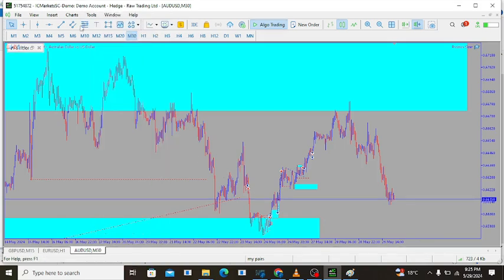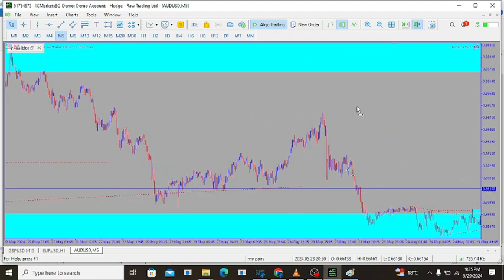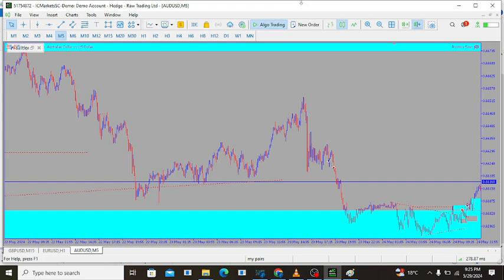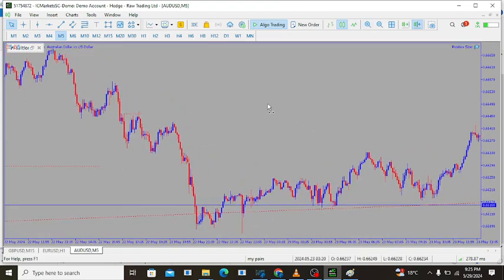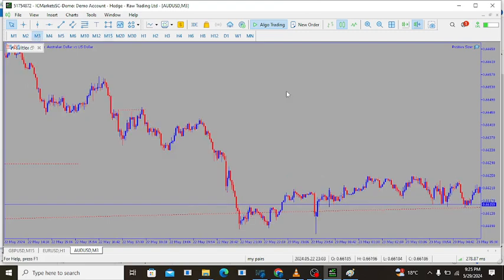Also another stupid trade. Another stupid trade. Let me show you. You see?